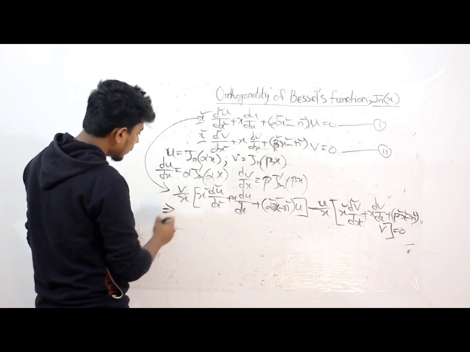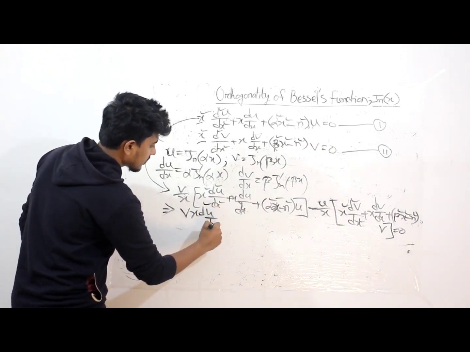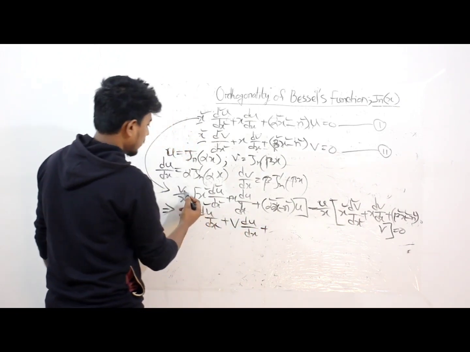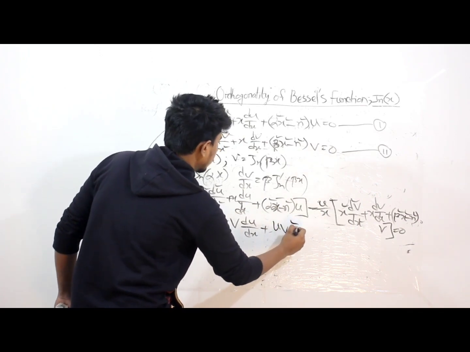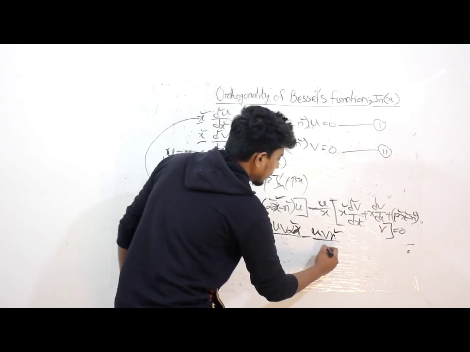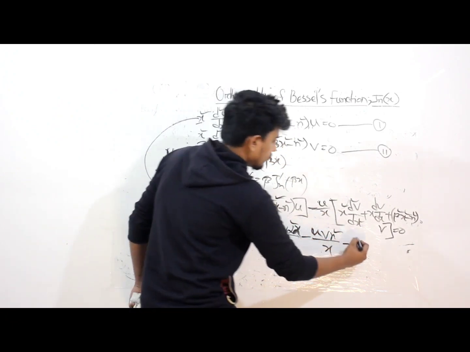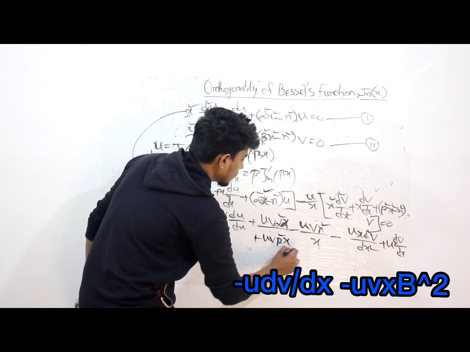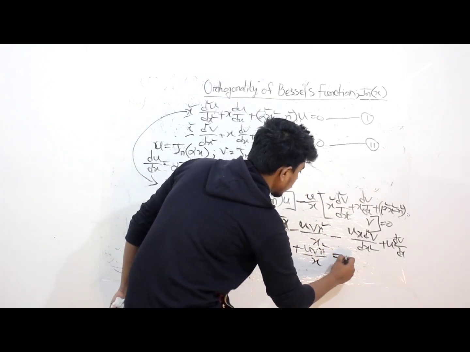Now the calculation will be v x d square u by dx square plus v du by dx plus u v alpha square x minus u v n square by x, minus u v beta square x plus u v n square by x, equals 0.